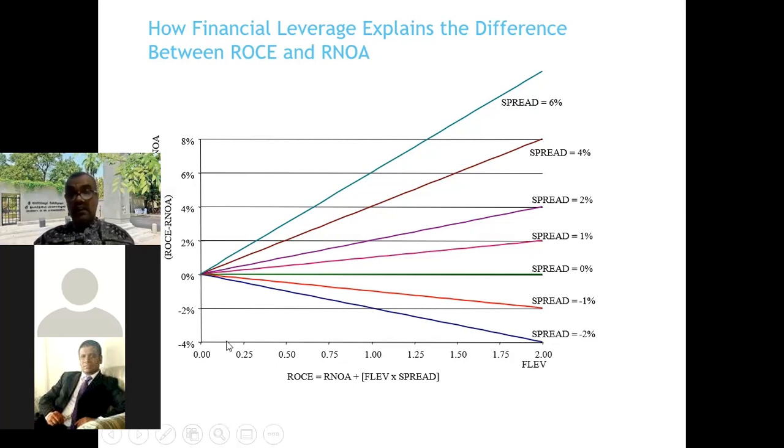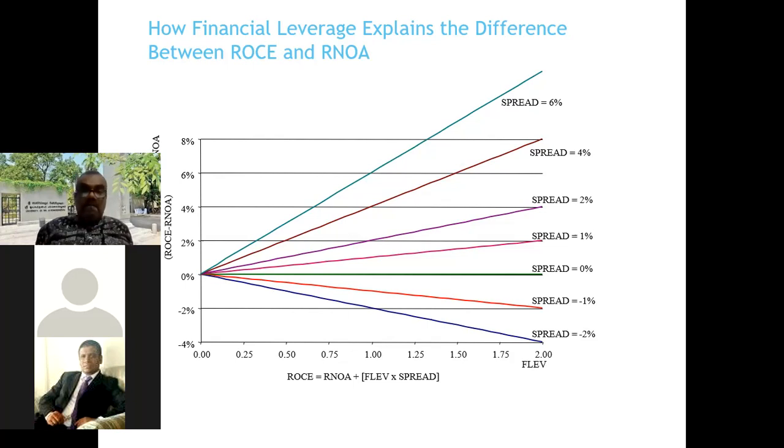When the financial leverage is 2, what would be the difference then, with respect to this light blue line? Any idea?